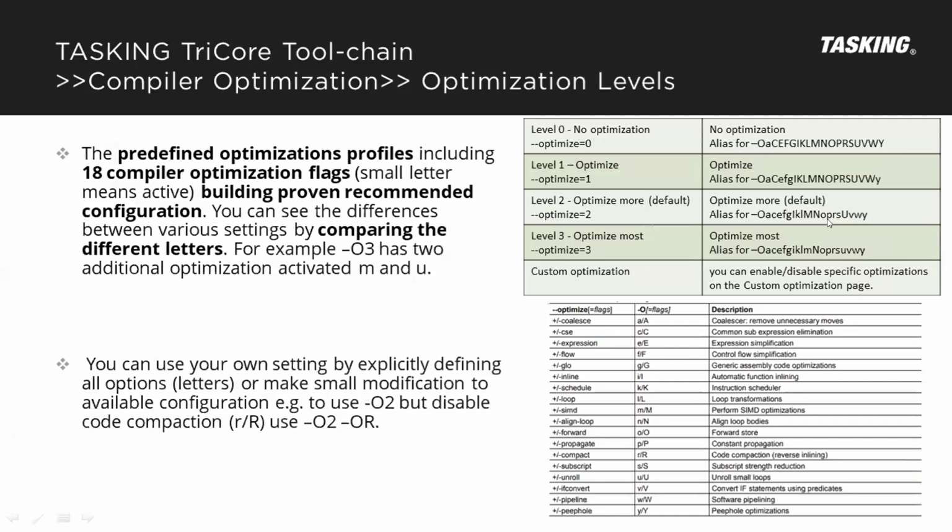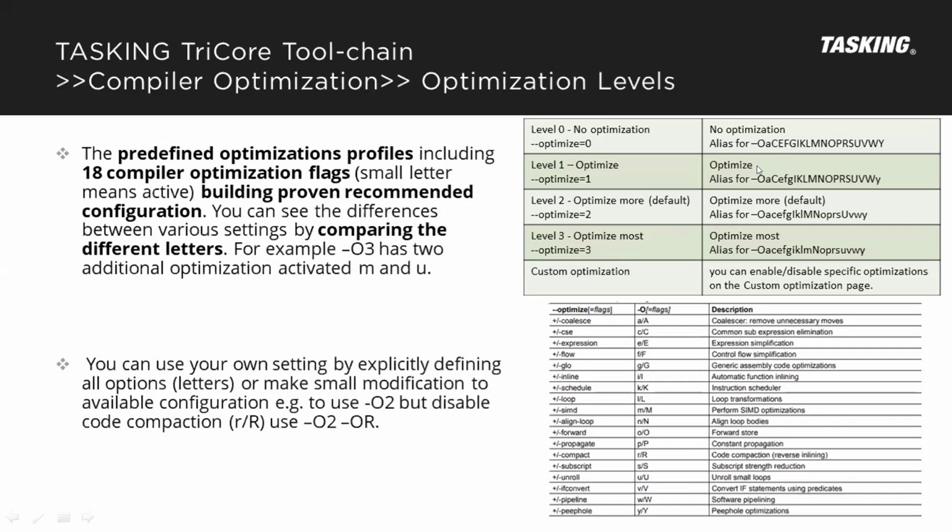So if you, for example, decided on level 1 optimization, you could use this optimization profile, or you could use any of these and make your own custom optimization profile. There should not be any problem with this. And here, every letter means something, and the meaning of every letter is described in this table.